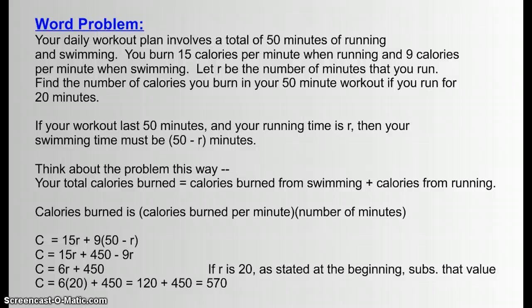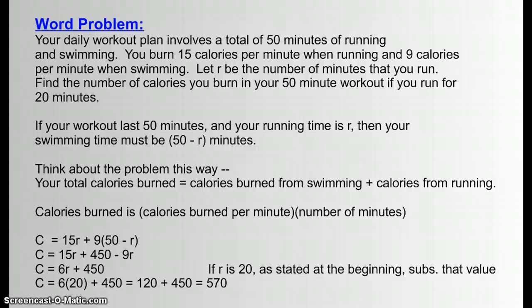So if C is our total calories burned, that's going to be 15 times R, 15 calories per minute of running, right, times R, which is the number of minutes you run, plus 9, the number of calories you burn per minute swimming, times the time that you swim. We stated at the beginning that the time that you swim is 50 minus R. You must distribute that 9 to work this problem out.